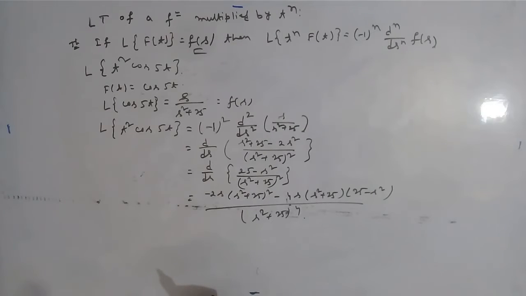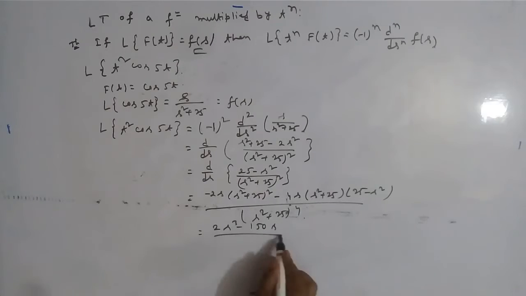After simplification, which I have not shown here, you will do this yourself, you will get the result as (2s cube minus 150s) by (s square plus 25) whole cube. So this will be the Laplace transformation of the given function.